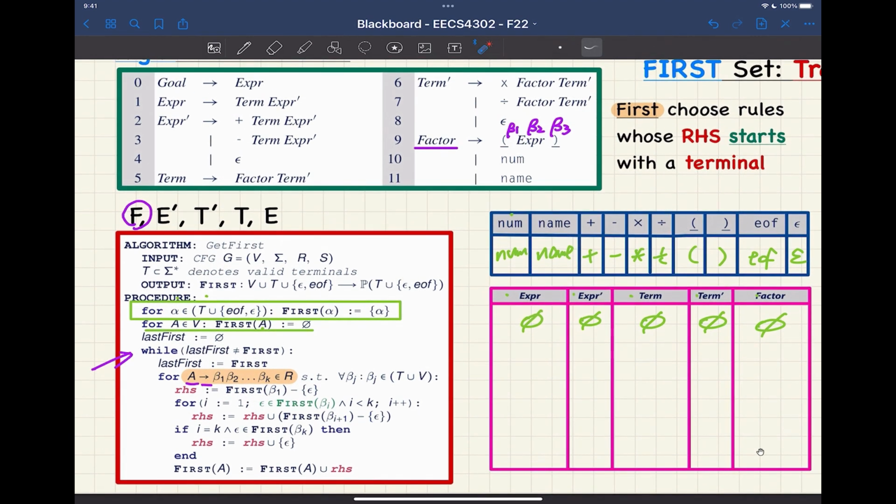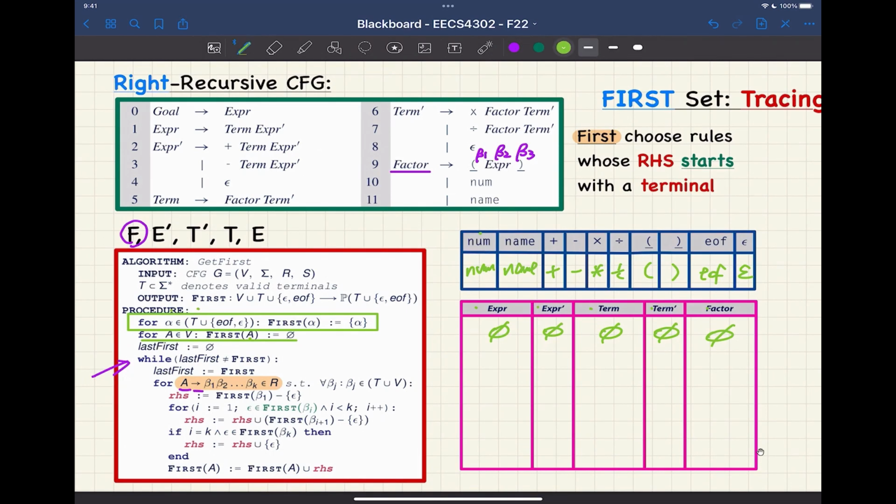You can see the beta 1. Let me put it here for the very first iteration. So we got factor produces this, also expression, and also this, right? Let me be more precise. So that's beta 1, beta 2, beta 3.